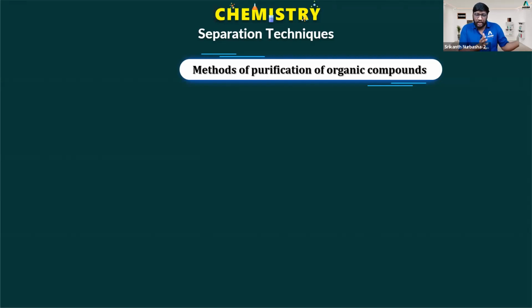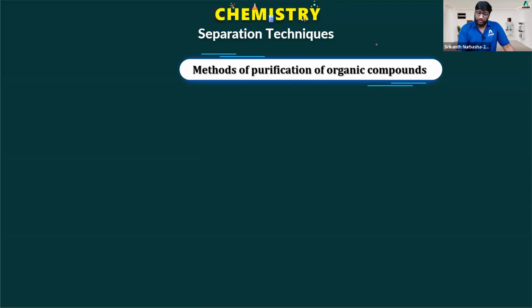Until now, whatever reactions we have seen, we have just studied what the major product is. Whatever the reaction, electrophilic substitution, E1, E2, SN1, SN2, SNi, different mechanistic approaches, we explained how to write the major product using some techniques. But you always end up with a mixture of products.